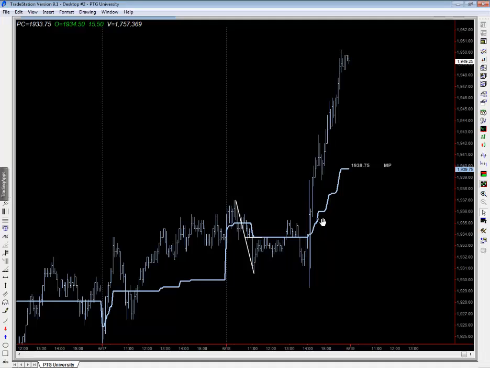So on the close, each time it made a new high, the midpoint kept ratcheting up, and the closing midpoint is 39 3/4. So at some point in the future, if price does ultimately retrace back down, this 39 3/4, 40 level will be an important point to consider.